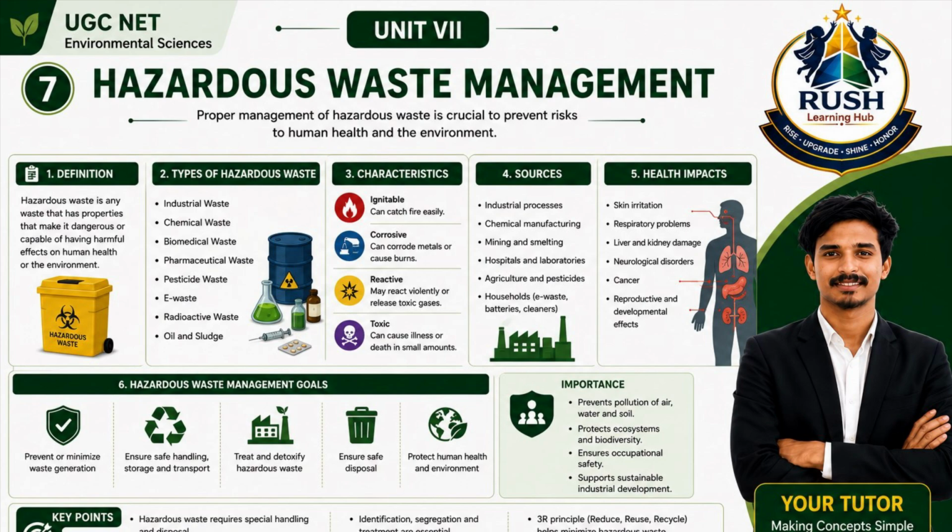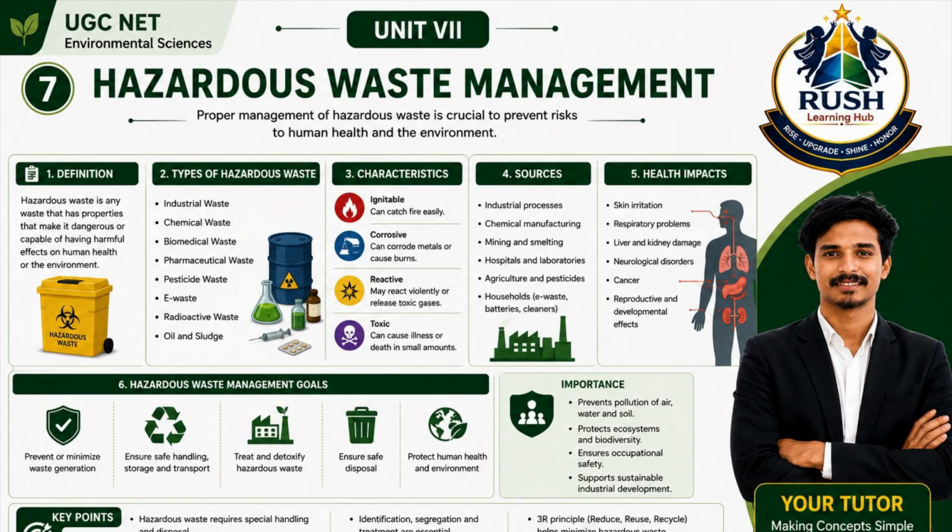The first type is industrial hazardous waste. Industries such as chemical factories, petroleum refineries, electroplating units, fertilizer plants, pharmaceutical industries, and textile industries generate hazardous wastes including chemical sludge, spent solvents, contaminated oils, and heavy metal residues.